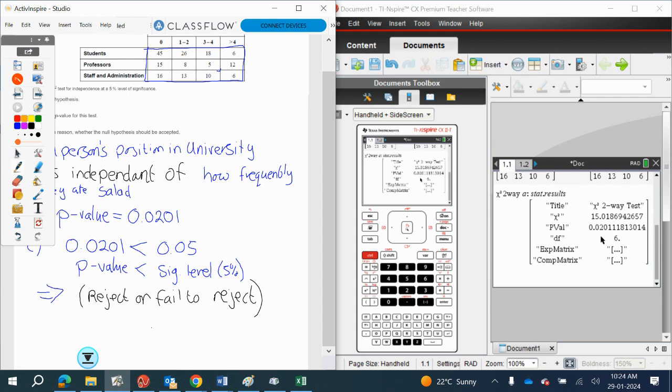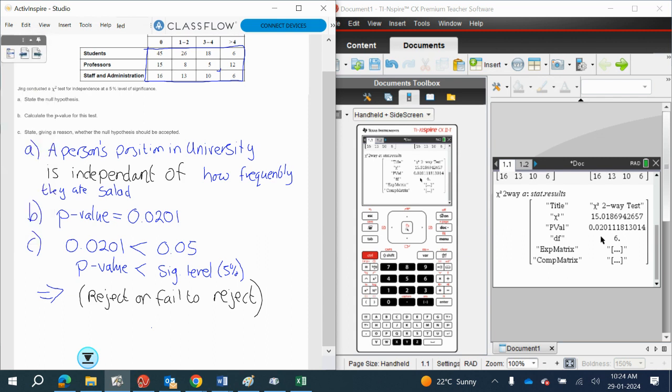So here, when the p is low, reject the H0, which means there is sufficient evidence to reject. There is either sufficient evidence to reject the null hypothesis, or there's insufficient evidence to reject the null hypothesis.